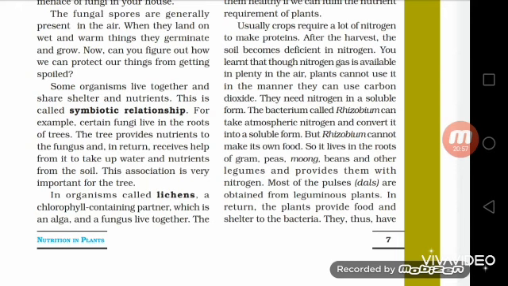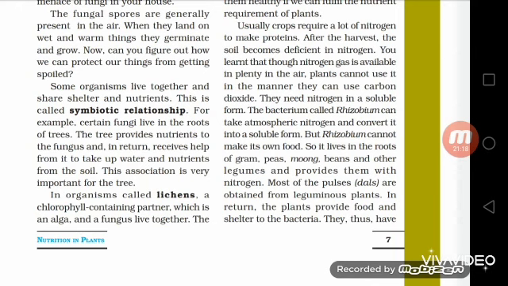As the plant cannot absorb direct nitrogen, whose help are they taking? Rhizobium bacteria. So rhizobium bacteria will take atmospheric nitrogen, convert it into soluble form and give it to plants. And then plants will make their food and share it with rhizobium bacteria.